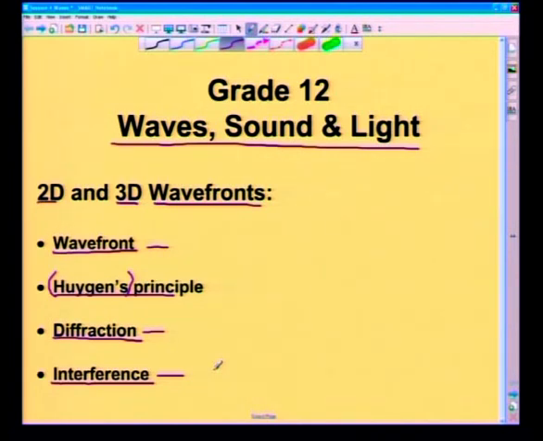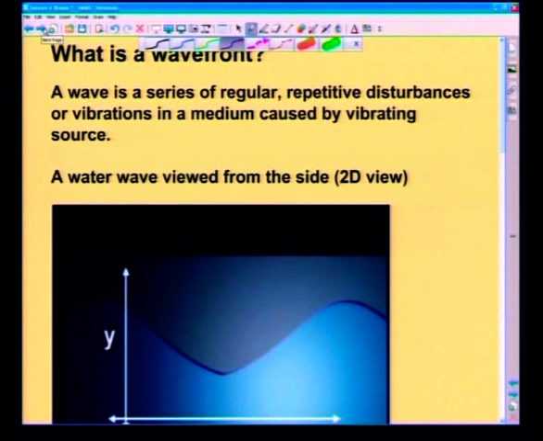Right. Now, let's look at wave fronts. What is a wave front? Maybe let's just start by defining what a wave is before we come to the wave front.